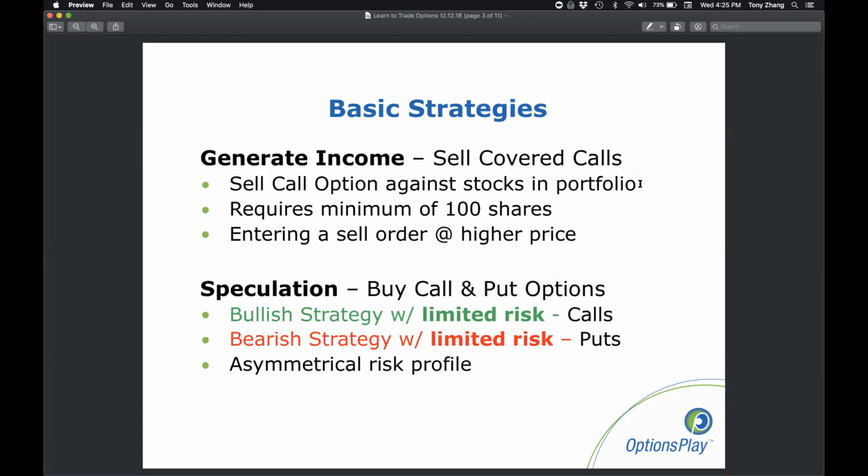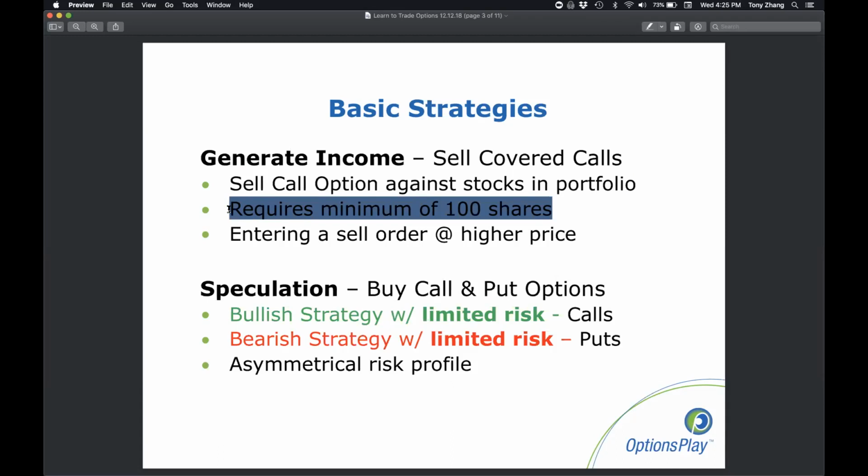It's something that allows you to generate income on the stocks that you already hold in your portfolio. The only requirement is that you have at least 100 shares of each individual stock that you sell a covered call on, because each call option represents 100 shares. So you need to have at least 100 shares in your account in order to sell a call option.